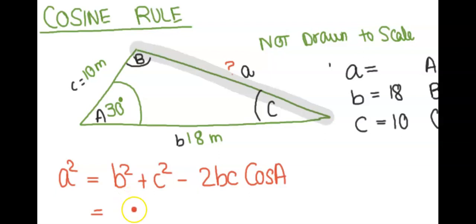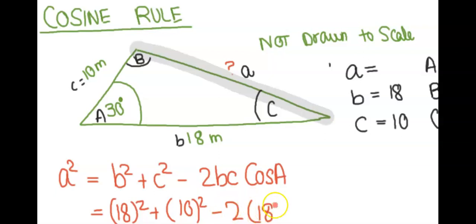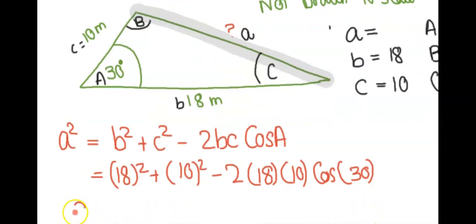B square is 18, so I do 18 square plus 10 square minus 2 times, you can put bracket, 18 and 10, and then you do cos bracket 30 degrees. You do that one straight away. That will give you the value of a square.